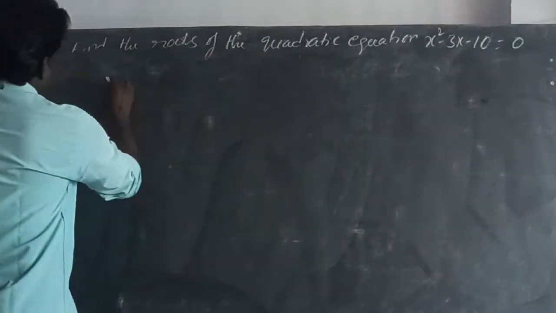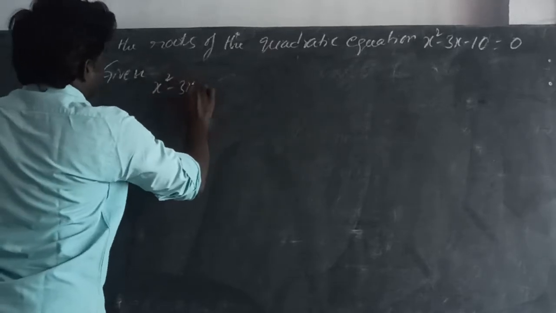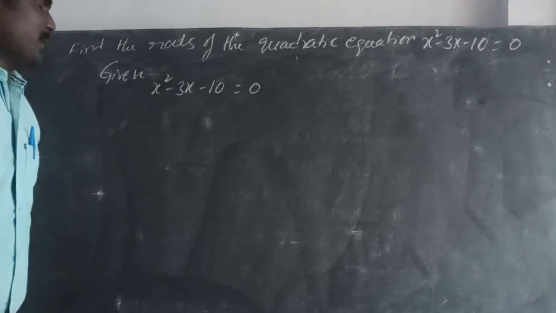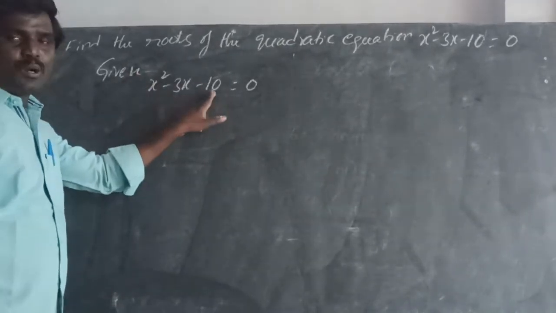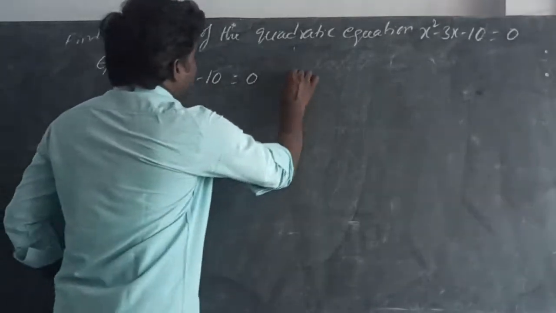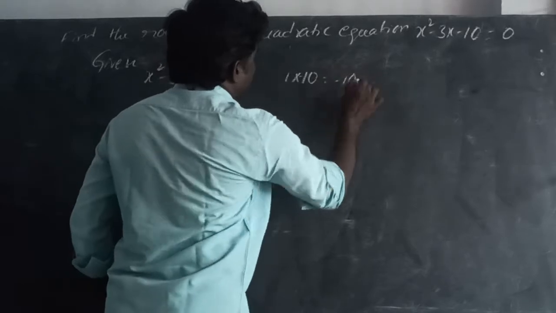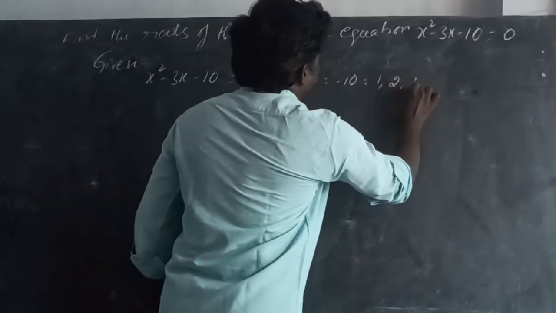Okay, so here given x squared minus 3x minus 10 is equal to 0. How can we find it by the factorization method? Here the x squared coefficient is 1 and the constant is 10, so 1 into minus 10 is minus 10. What are the factors of minus 10? 1, 2, 5, 10.